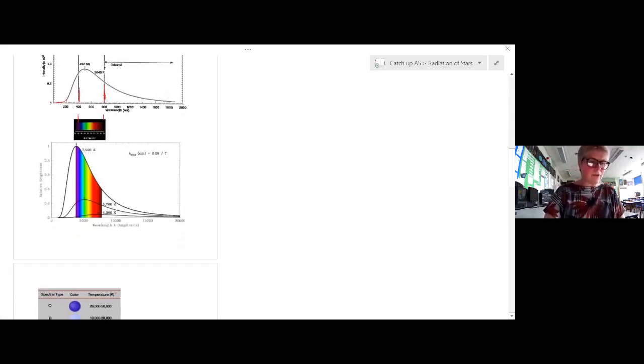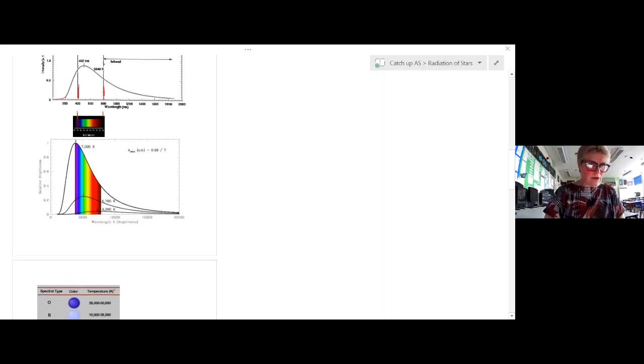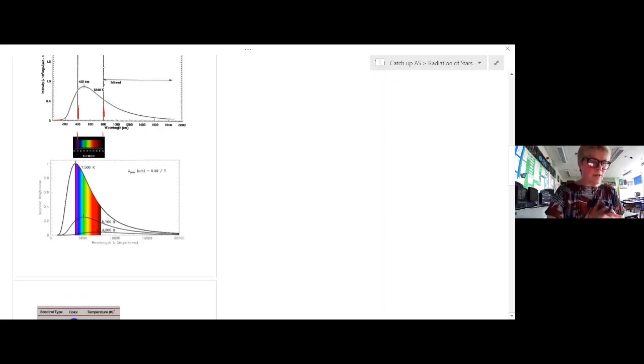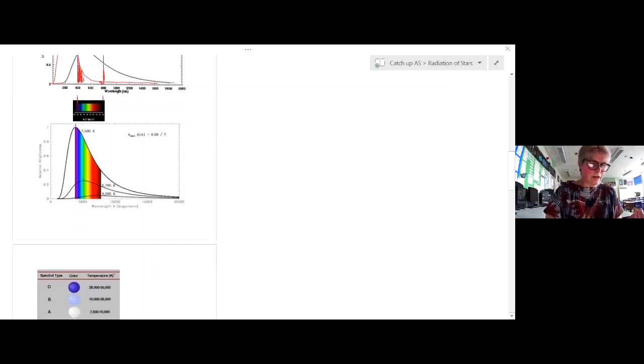And stars have different characterizations depending on where the visible spectrum lies. So for example, if I had a star that goes like this and then just goes like that, there will be a high proportion at the blue end and very little at the red end. So we could probably get away with saying that that was a blue star, okay?